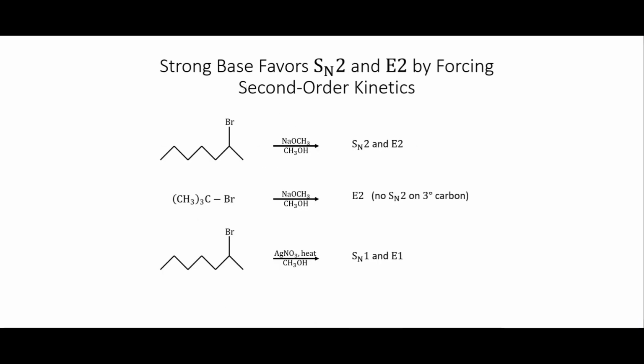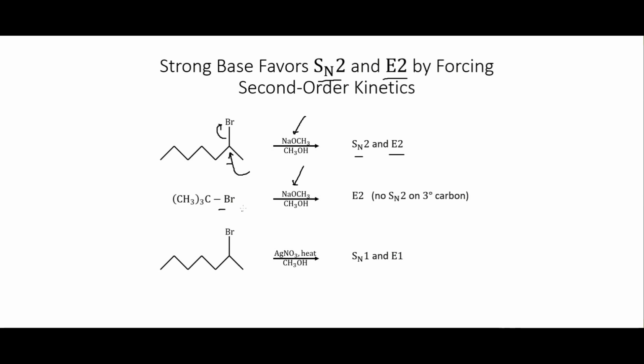If we have a strong base, this is going to favor the SN2 and E2 by forcing the second order kinetics. So if we have this methoxide here, whether we have it on a secondary carbon here or on a tertiary carbon here. If it's on a secondary carbon, we can get the SN2 and the E2, and that nucleophile on the secondary carbon can access this carbon right here to push off this bromine.